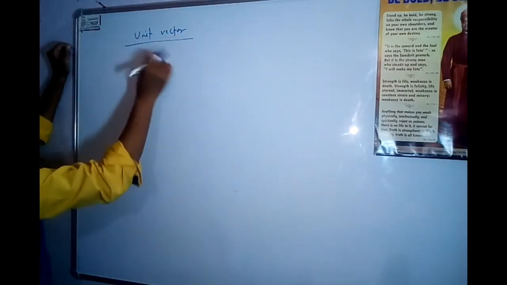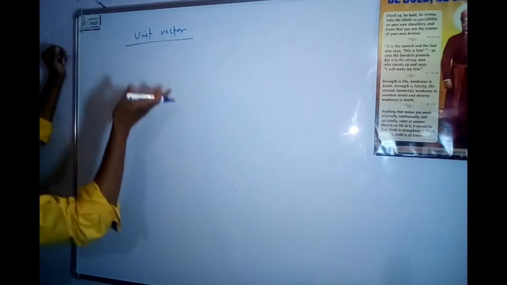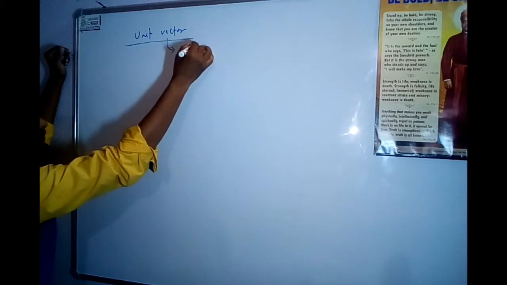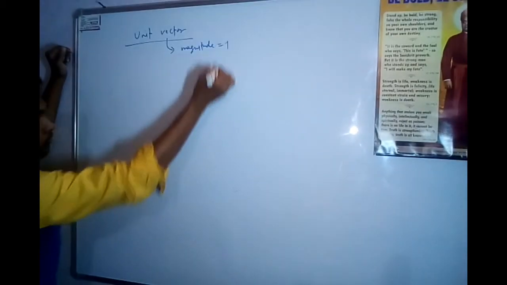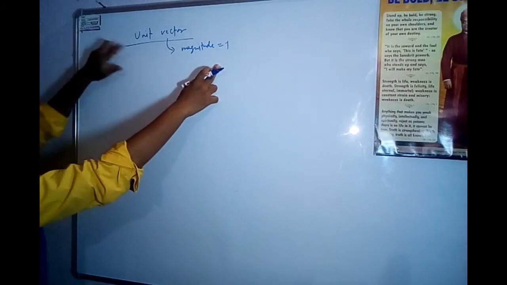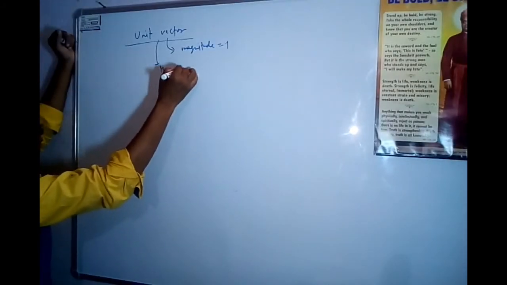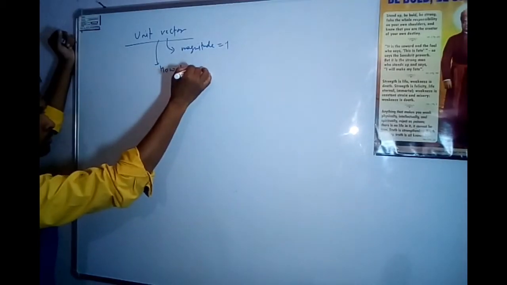Now we will talk about unit vector. What is a unit vector? As we have studied, any vector whose magnitude is equal to 1 is called a unit vector. So how to calculate or find it?